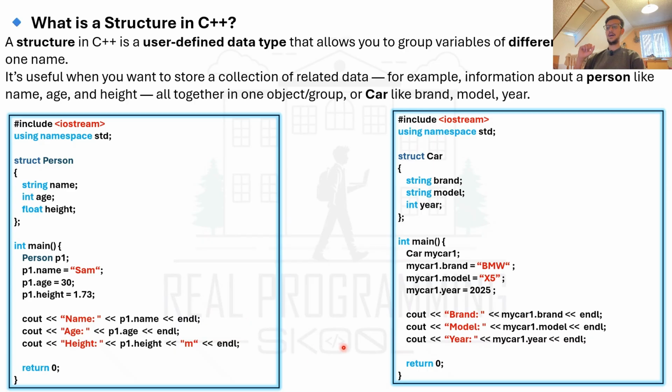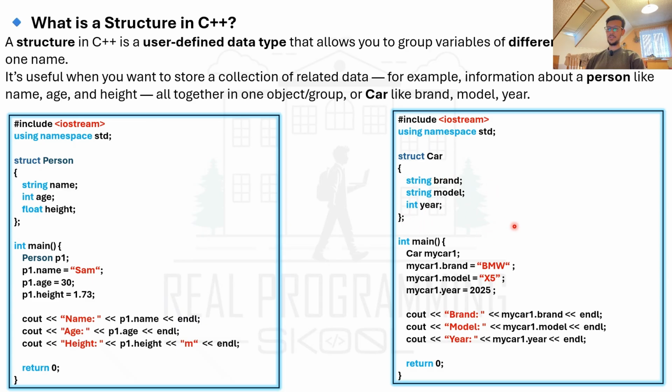And now we have another example, about a car. I use the struct keyword and I create another data type. It's a user defined data type. I create it as a developer, so this time my data type name is car, and I open curly brackets: string brand, string model, integer year.